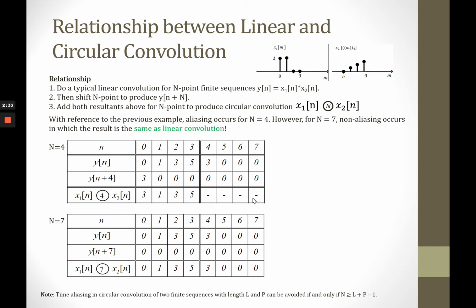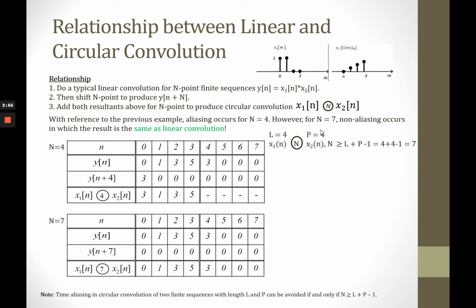Okay, if we check this one, the length of the signal is 4. L is the length of the x1 signal, the value is 4. And P is the length of the x2 signal, the value is 4 points of signal.